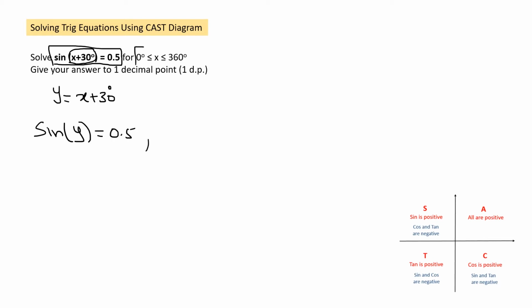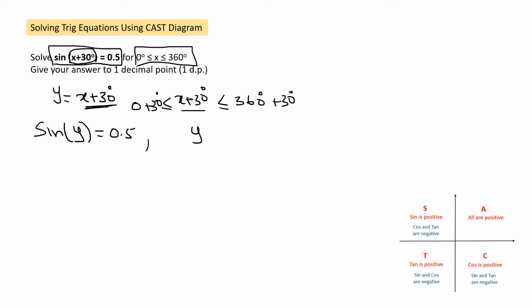This domain is for x. Now the domain for y. The domain for y is x plus 30, which should be bigger than 0 plus 30 and less than 360 plus 30. So x plus 30 is y, that's our new variable.